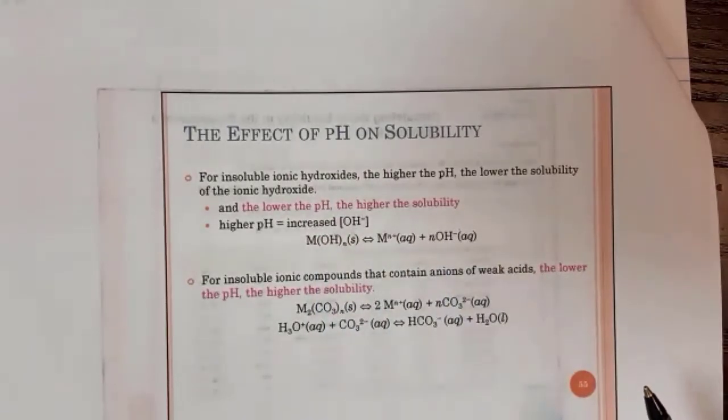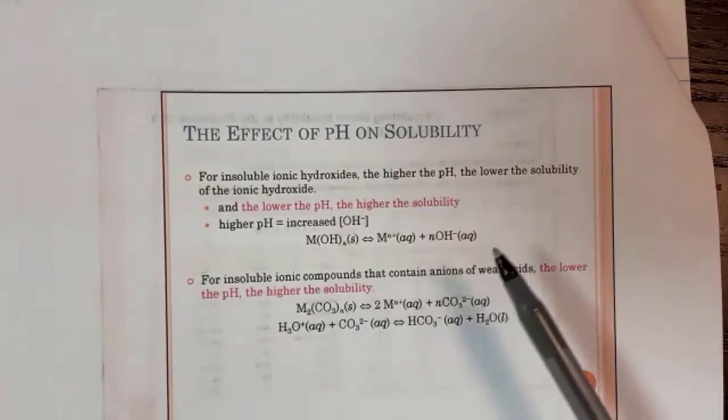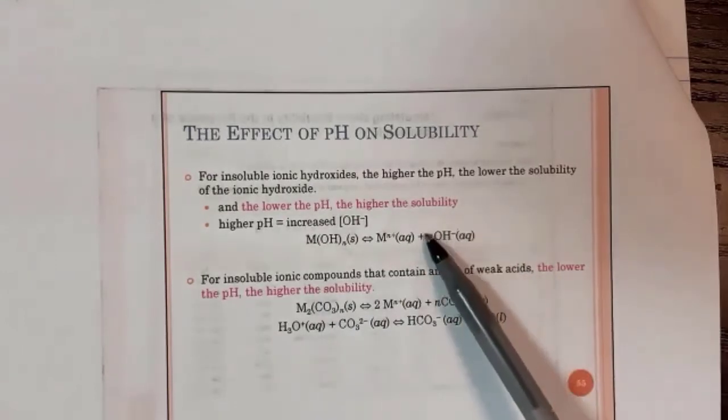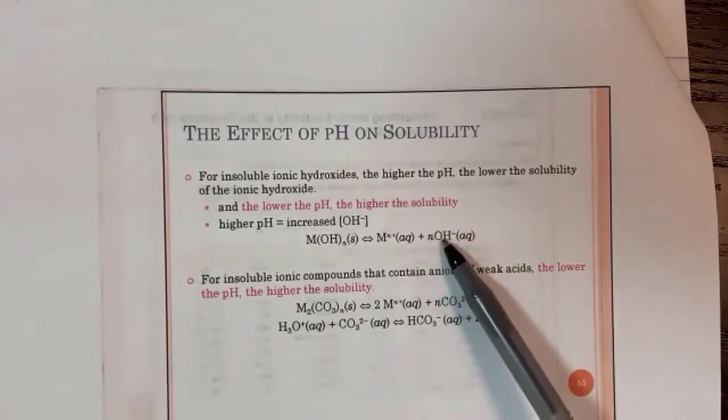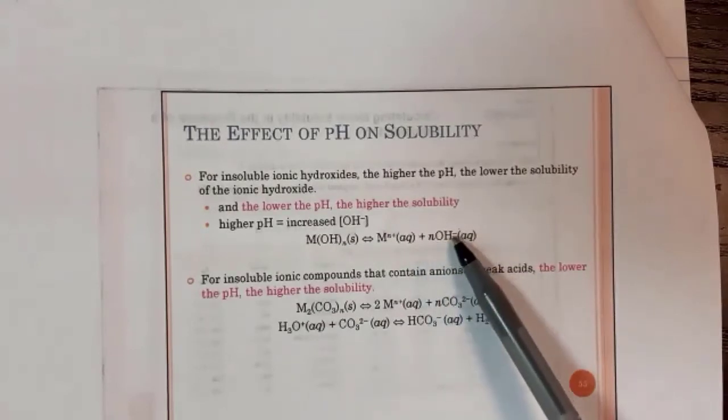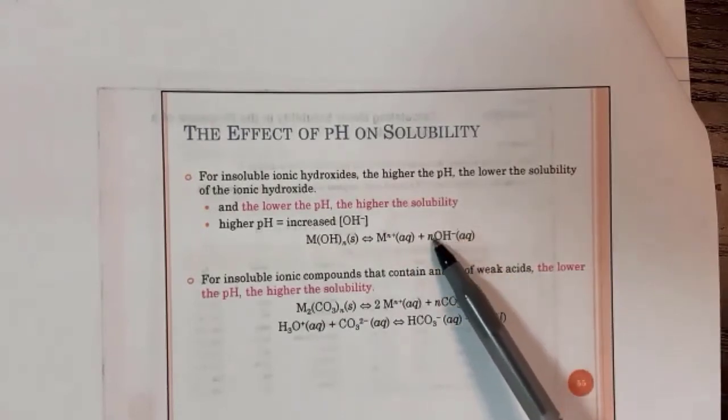Now, if you have a lower pH, okay, a lower pH means more acidic, right? More acidic means there's a lot of H plus floating around. H plus is going to react with the hydroxide, and every time you steal some hydroxide to react with H to make water, you're actually stealing away some of the product.